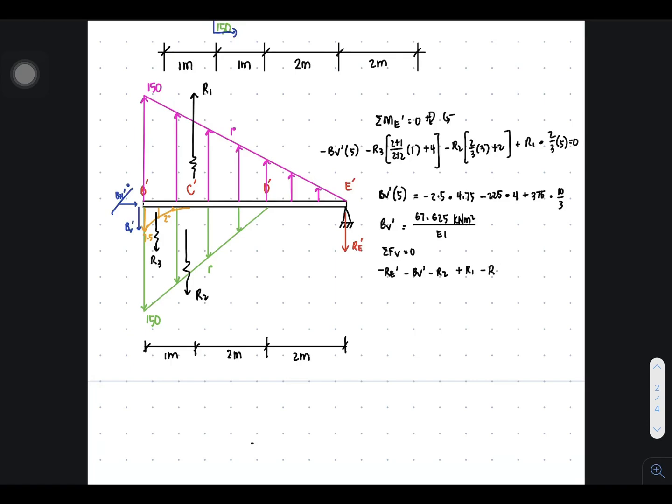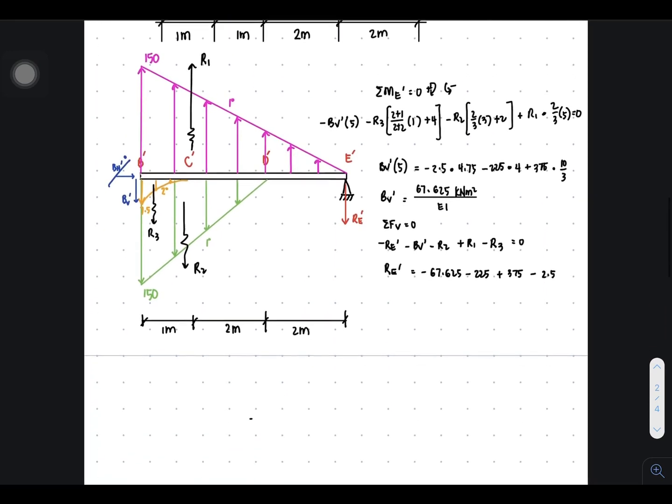Then minus R3 equal to 0. Then transpose this to the other side, it will become positive RE prime. And you will have negative 67.625 BV prime minus 225, then plus 375 then minus 2.5 for R3. Okay, so RE prime is negative 67.625 minus 225 plus 375 minus 2.5 divided by 5.